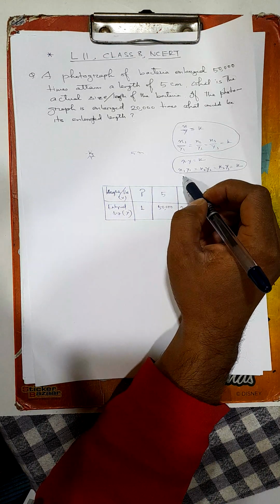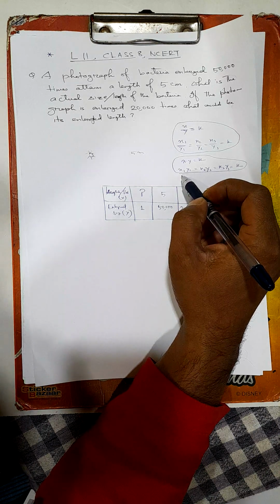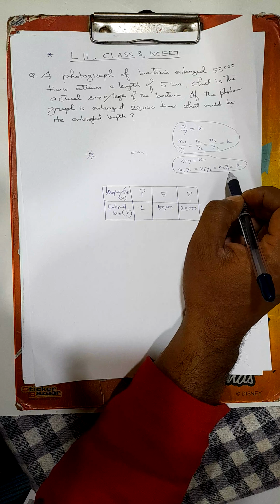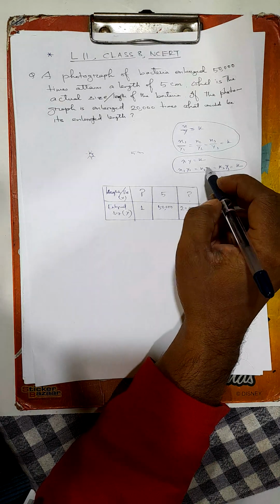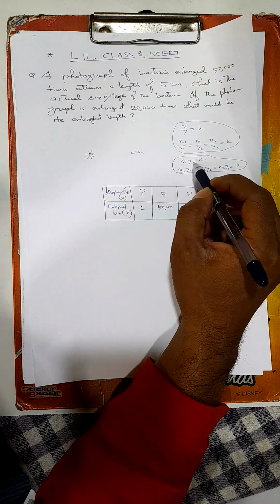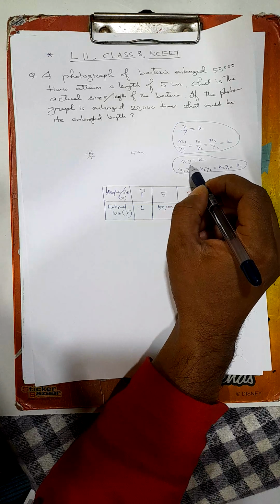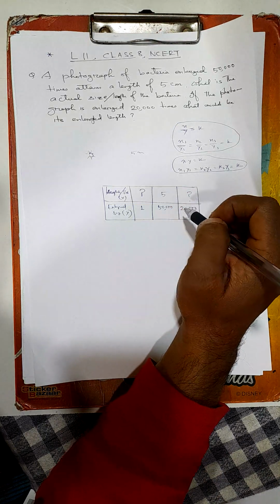That means the product of the values of x and the corresponding values of y is the same. So in this case, it is called inversely proportional: x is inversely proportional to y.